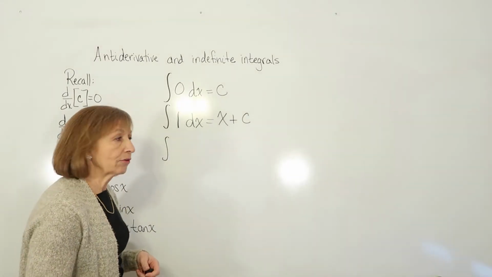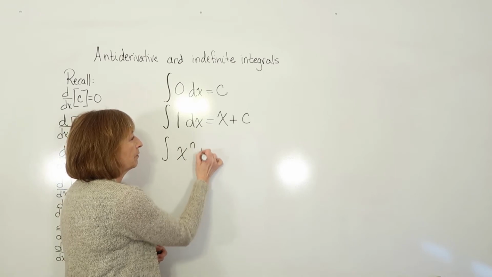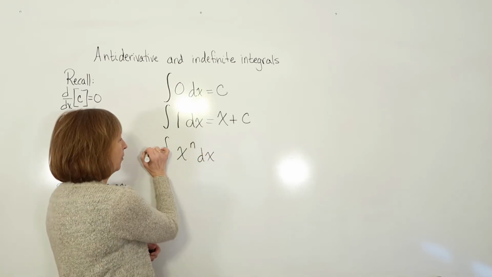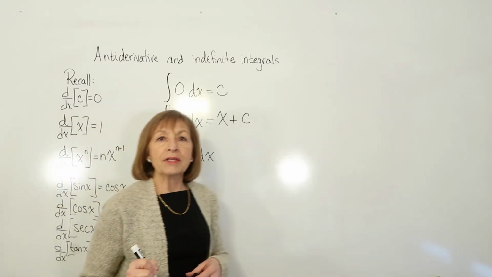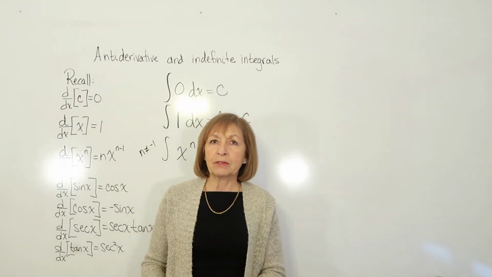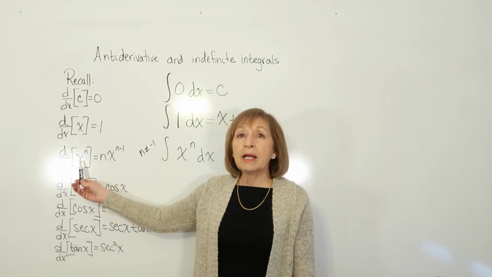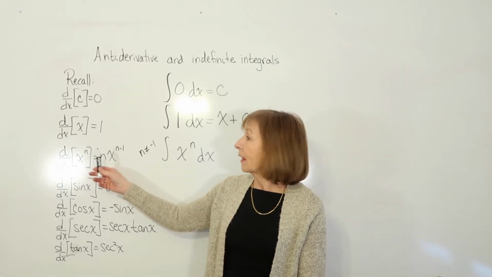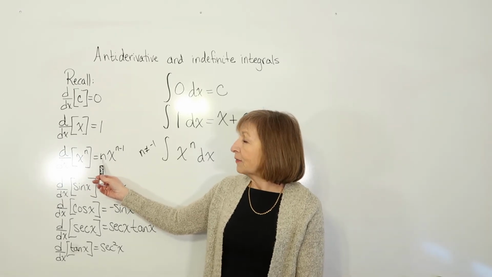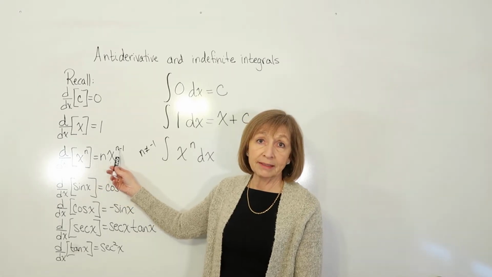Next is the integral of x to a number power with respect to x, where my number power is not negative 1. Now this one doesn't match up exactly with the notation, but the thought process is what we want to use. So when I was differentiating a letter base to a number power, I brought down the exponent, kept the base, and subtracted 1 from it.